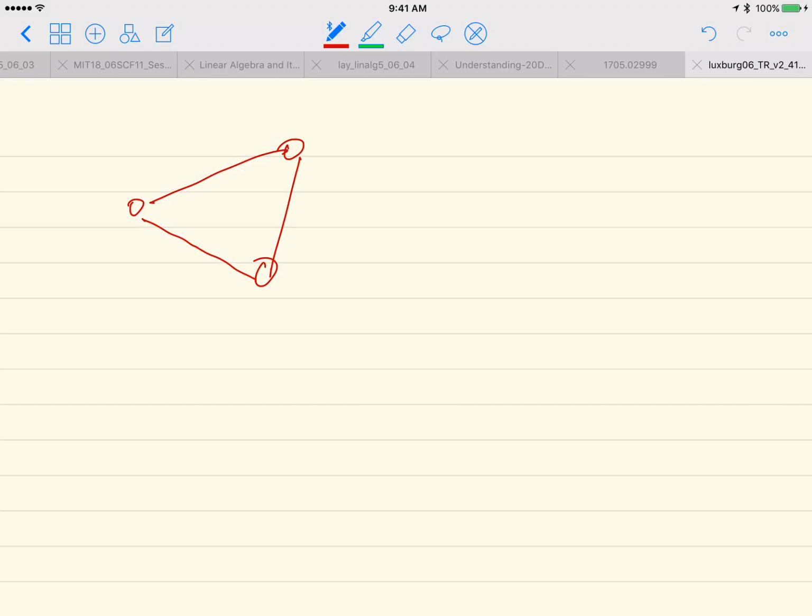As an intuitive example, suppose we have these three nodes, and the edge weights are 100, 10, and 1, and we are considering a three-dimensional vector f.